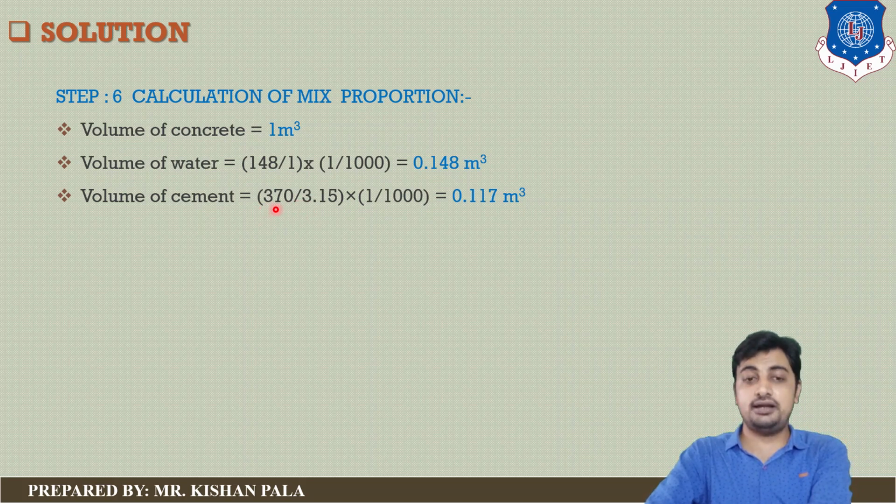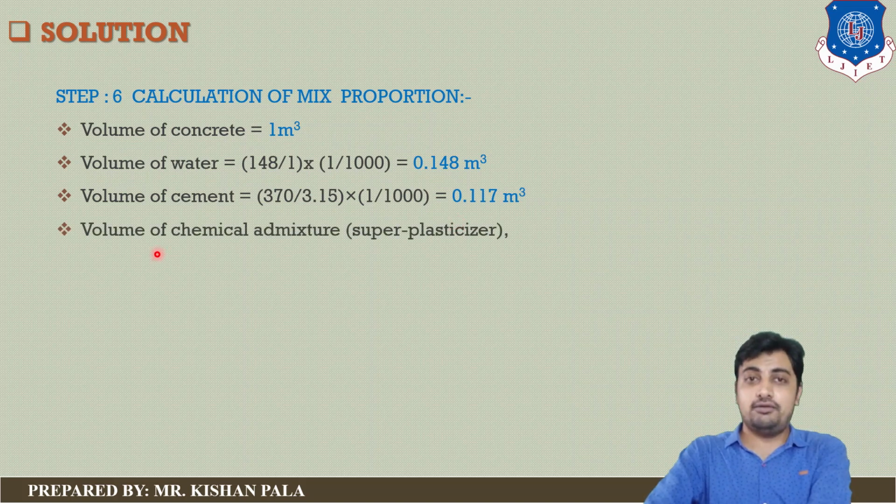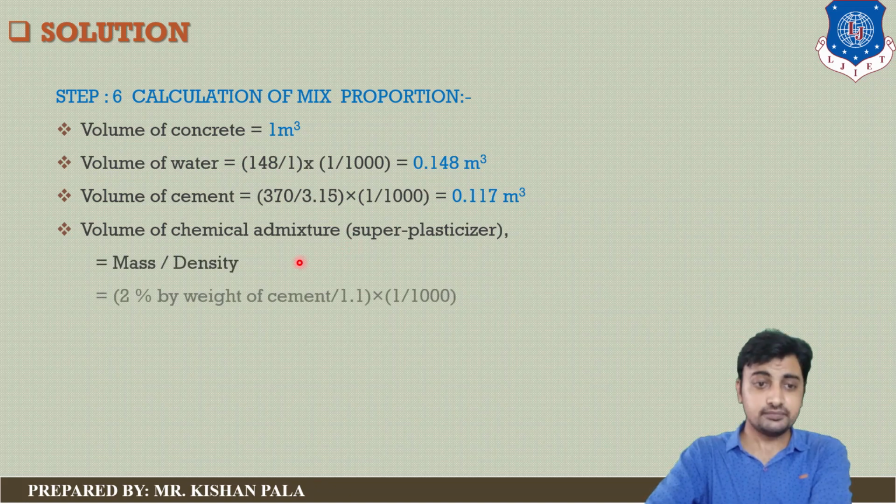It means 370 divided by 3.15 multiplied by 1 divided by 1000. It means our volume of cement will be 0.117 meter cube.